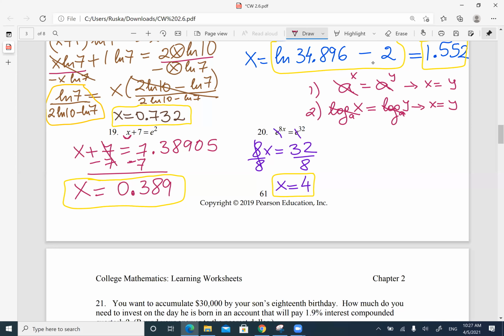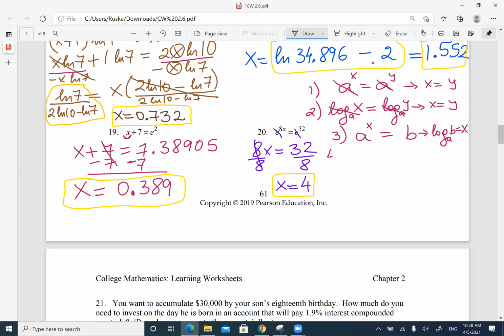Now, if you don't have the same bases, then you're going to change it. If you have an exponent, like a with exponent x equals a number, then you're going to change it to logarithm to solve it. It's going to be logarithm with base a of b equals x. Okay, that's how you solve it.